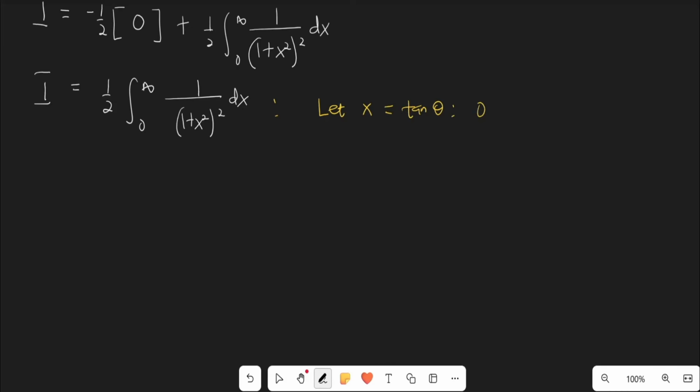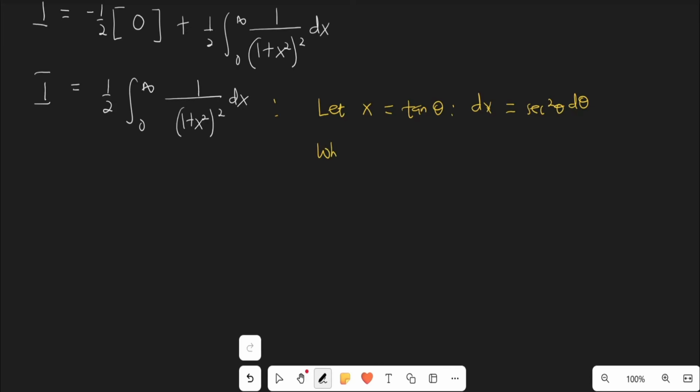So dx is going to be equal to secant squared of theta d theta, and that is the differential of the tangent of theta, right?